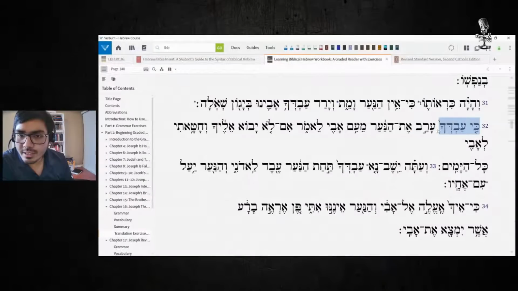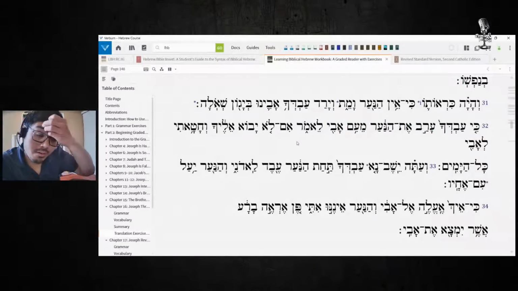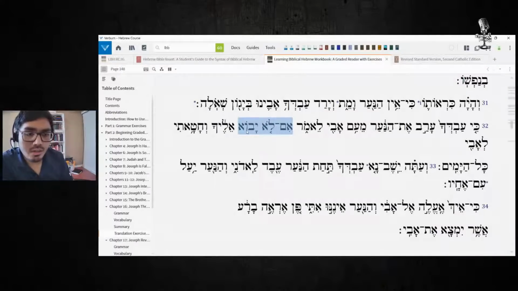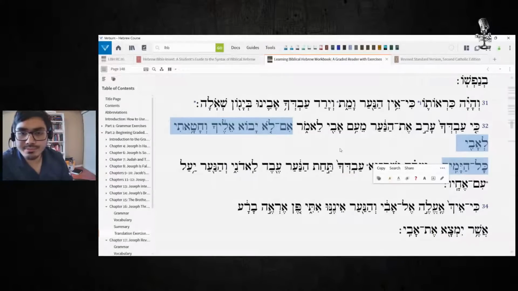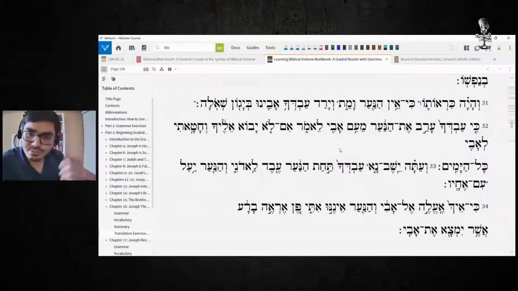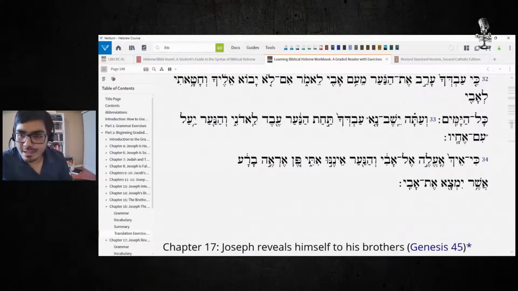For your servant became surety for the young man from with my father, before my father, saying, if I do not come to you, I have sinned against my father all my days. So they made a pledge that they would bring Benjamin back, and if not, they would be guilty of sin for not bringing him back here.